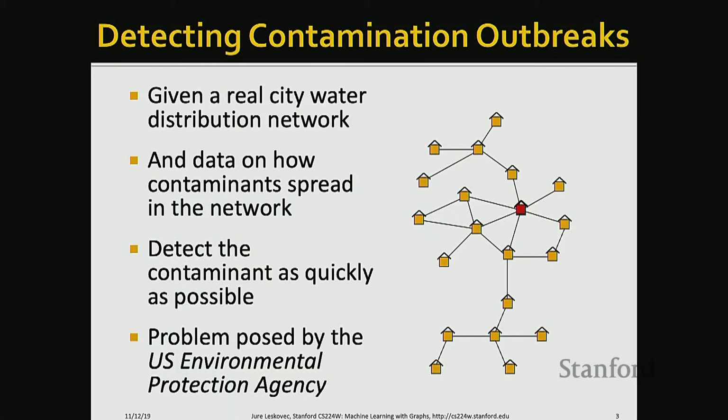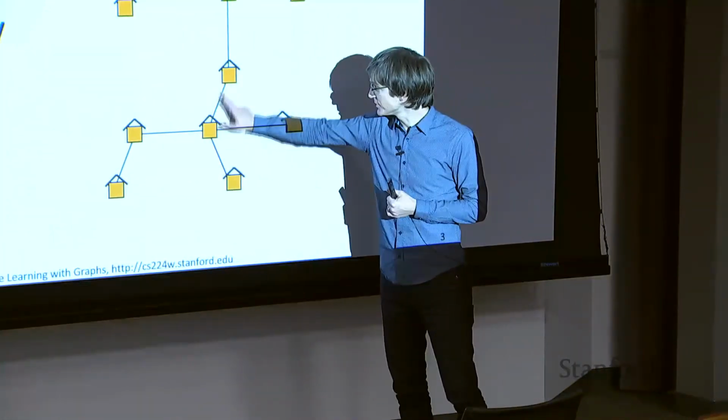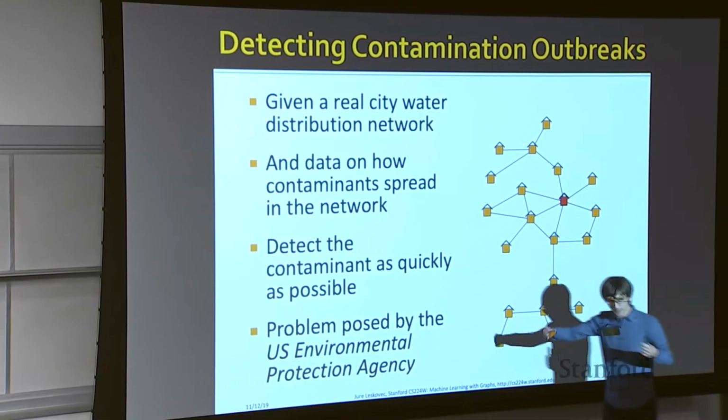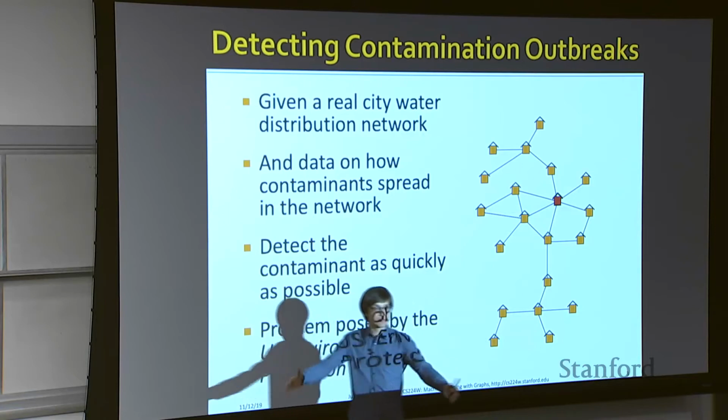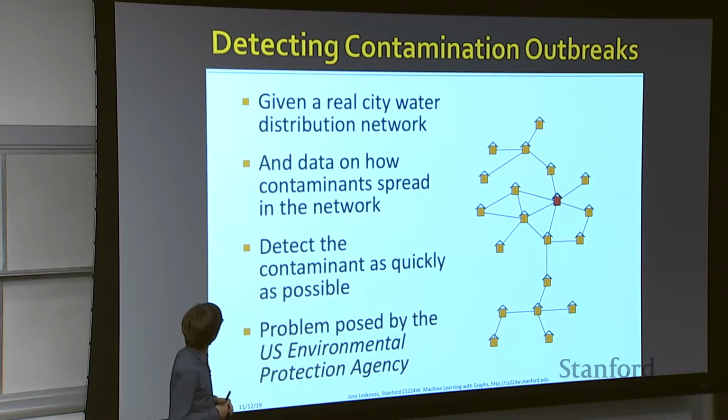So what is intuitively the problem definition? The problem definition actually comes from a real-world scenario, and this was actually a project I was working on. You have a city water distribution network. You have houses, and you have physical water pipes between these houses. It's how the water comes into the buildings. You have a network of how the water flows.